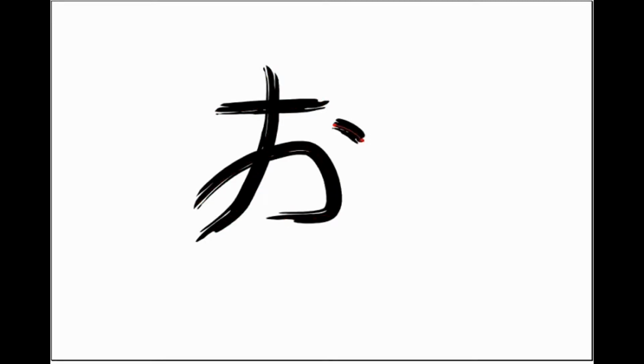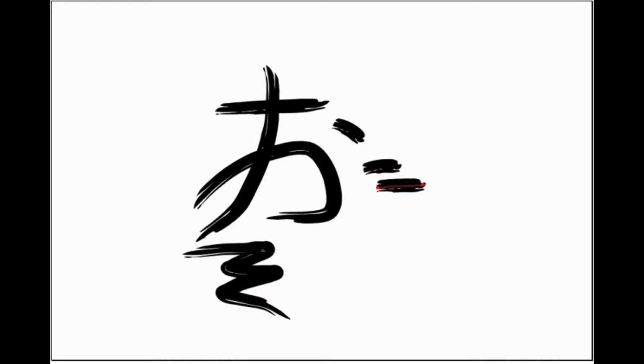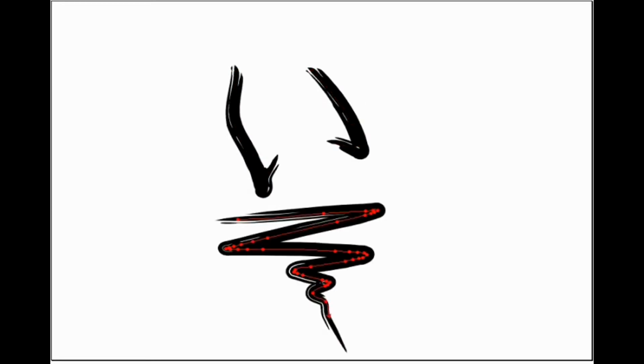Now we're gonna go back and do a little bit of review. Do you remember what this symbol is? This is O. This symbol here, do you remember what this is at all?